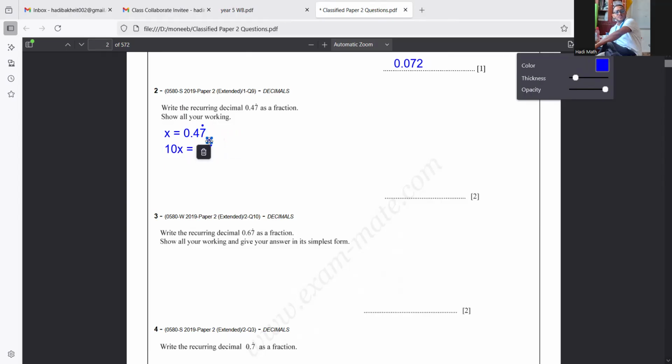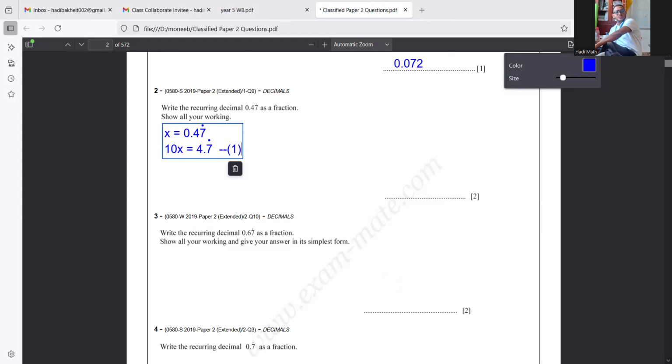Now you look at your number. Is the first digit after the decimal point recurring? Yes. So you name this equation, equation number 1. The first digit after the decimal point is recurring.